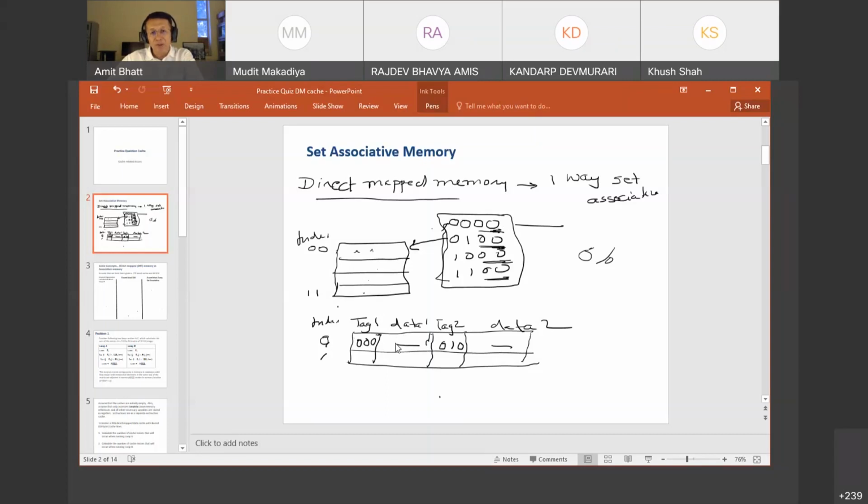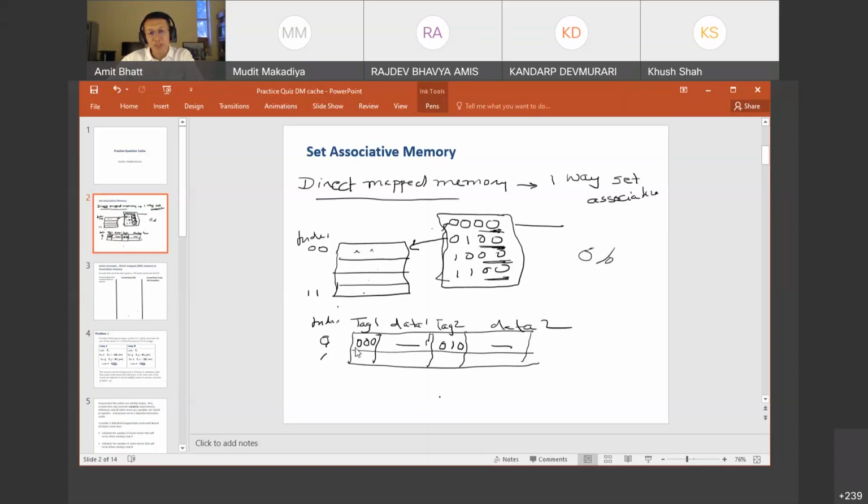So the first block is 0000. It is sitting here. Then the second one you wanted can sit here. This one will not be kicked out. So then, you will call this particular tag and the data will be there. But the third one, which you require, unfortunately, is again going to sit here.